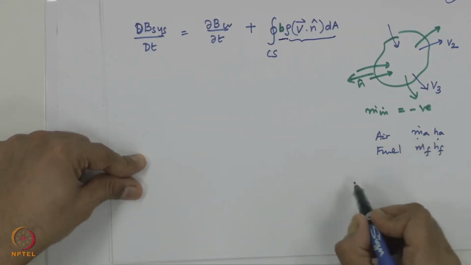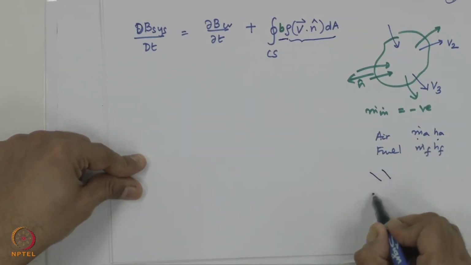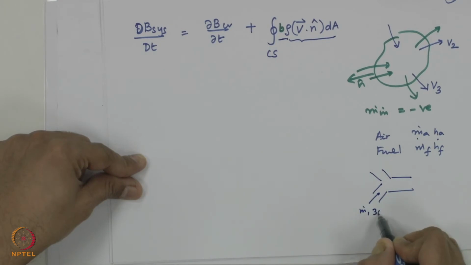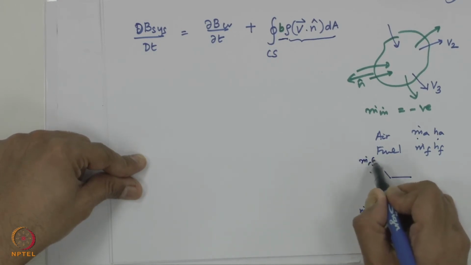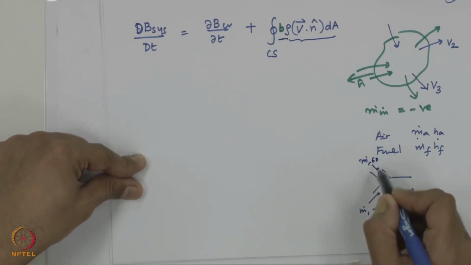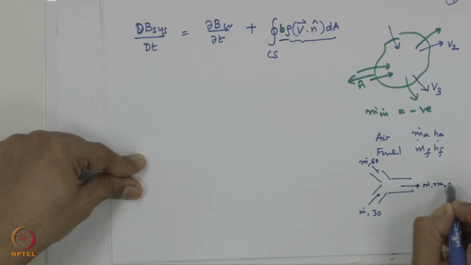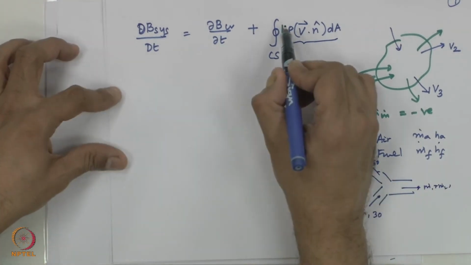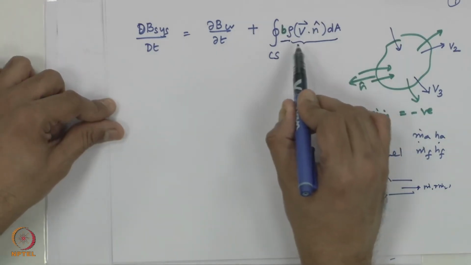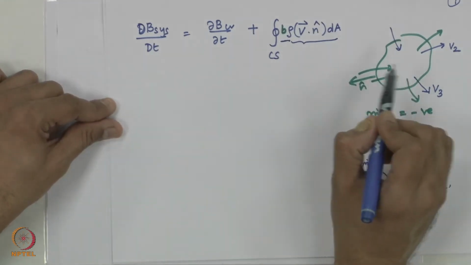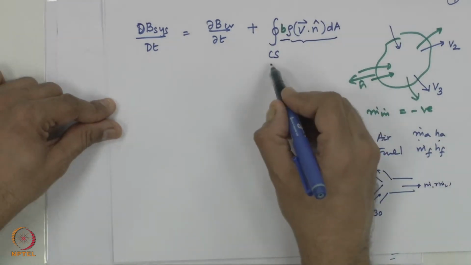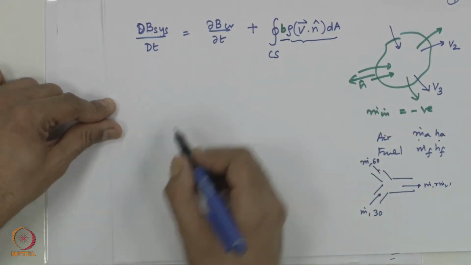If you are talking of a single stream, or multiple streams of water coming into a heat exchanger, this is m dot 1 at 30 degrees, m dot 2 at 60 degrees. You multiply the enthalpies appropriately. So it's the same water, and this is also m dot 1 plus m dot 2. So what is important is the enthalpy or momentum brought in by that particular stream. That is, the second and the third term are put together here.